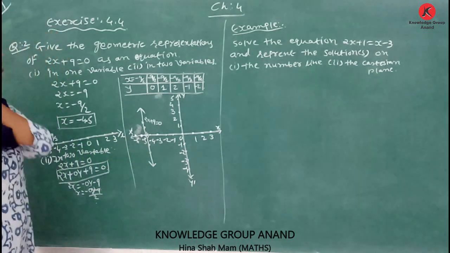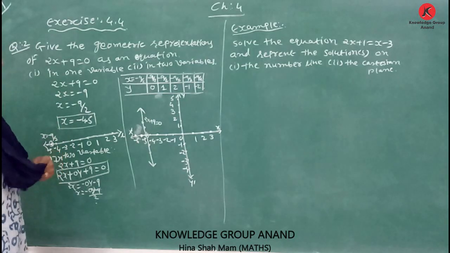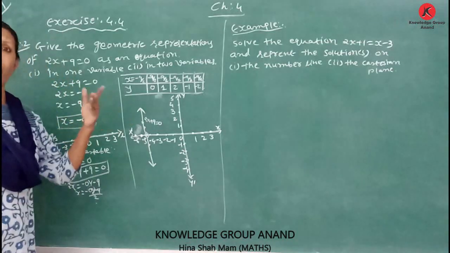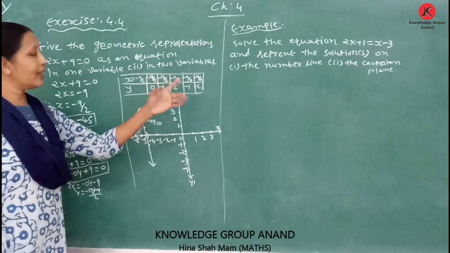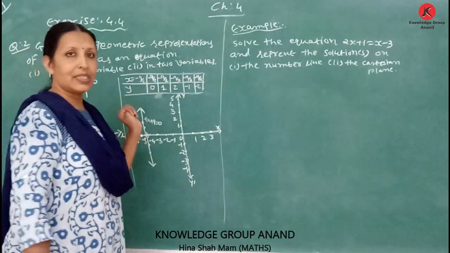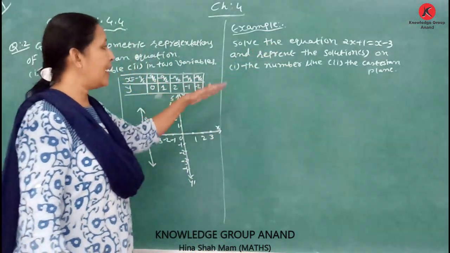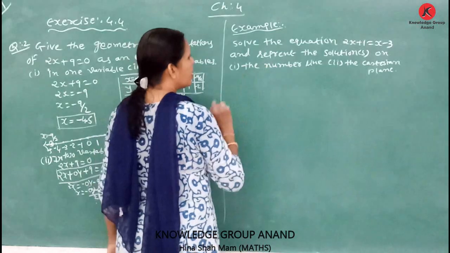Example: Solve the equation 2x plus 1 equals x minus 3 and represent the situation on a number line. On the number line it is one variable, and in the Cartesian plane, when we draw, it is a graph. In your graph book, the number line is given and the Cartesian plane is drawn.